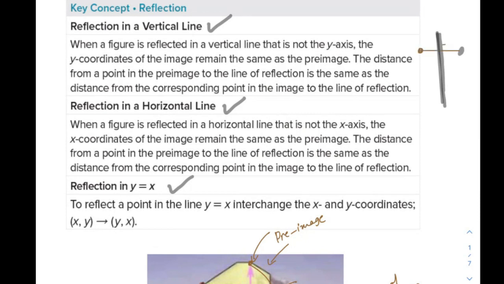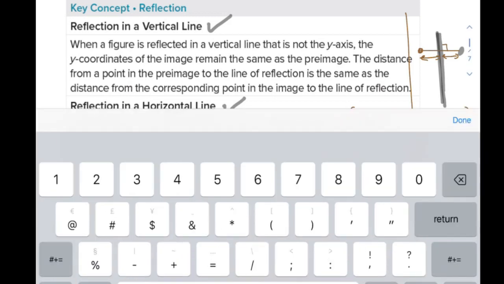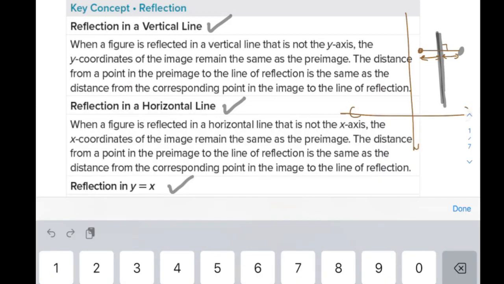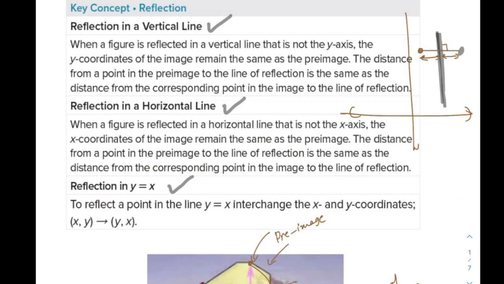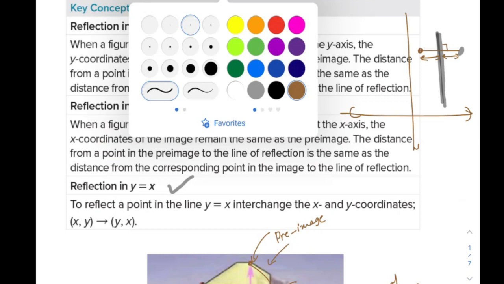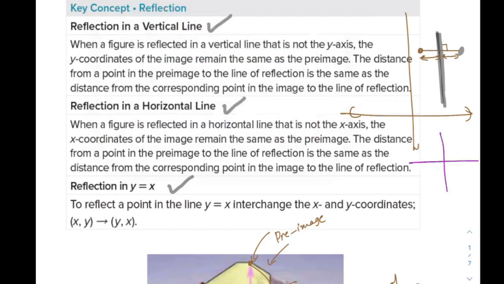Knowing that this is perpendicular, this distance is equal to that one. Imagine that this is the x-axis and this is the y-axis. As you see here, the y will remain the same. The only change will happen in x. For the horizontal line, the situation will be the reverse.